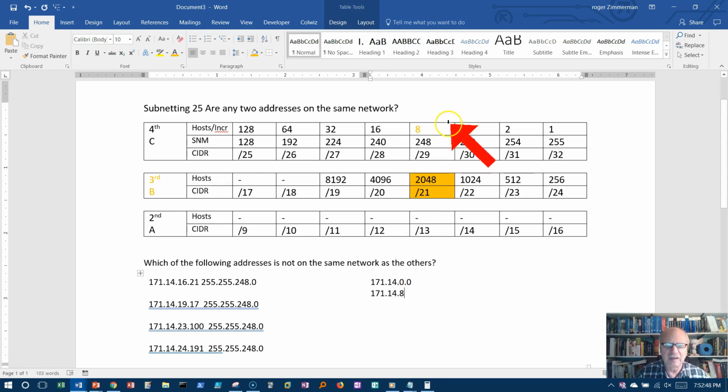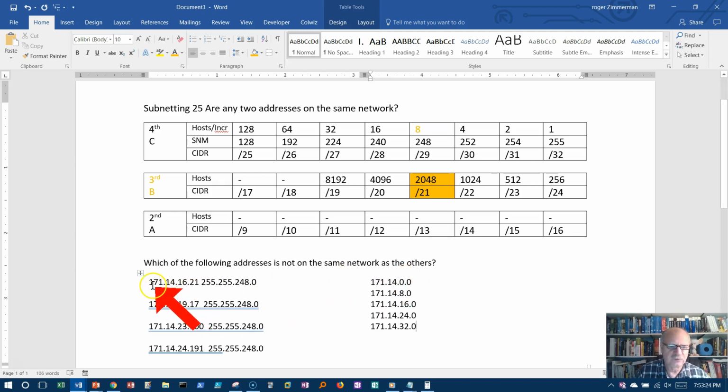Remember, we're incrementing 8 in the 3rd octet, so that's what we did here. 171.14.16.0, 171.14, what would that be? 24.0. 171.14, what would the next one be? We had 8 more, 32.0. Okay, that's probably enough to figure out what we're doing here.